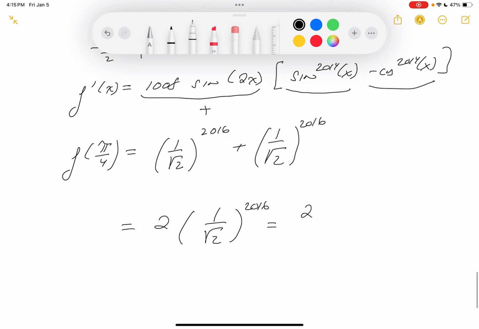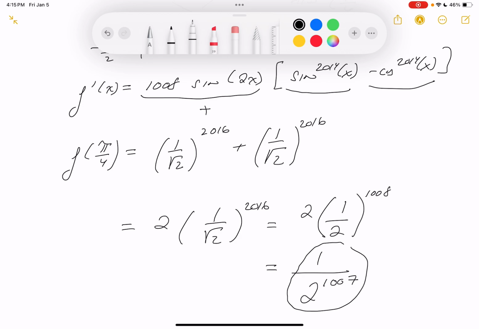So I'm going to say this is 2 times 1 over 2. I'm borrowing a 2 from the 2016. That's going to be 1008 now. And if I look at this, it's going to be 1 over 2 to the 1007. That's my minimum value. And we're done. Thank you.